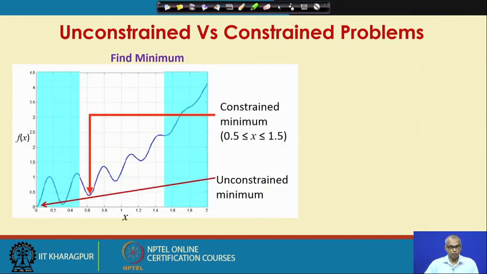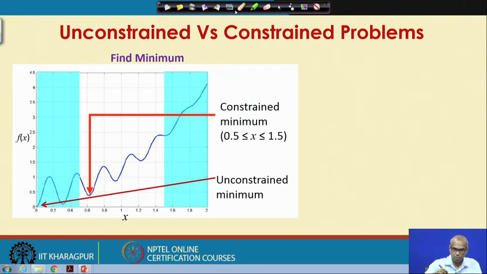Let us consider the function shown on the screen. If there is no constraint on the function, what will be the minimum value of the function? This is the sketch of the function, and if you look at it, the unconstrained minimum happens here.